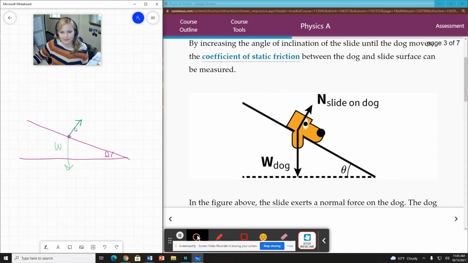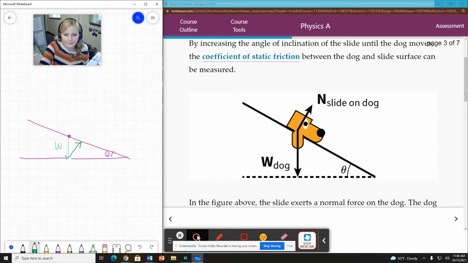I can take this and drag it down here, and we can see it as that y component of gravity. And then we have that component of the weight that's pulling the dog down the slide. That's what this is right there. Does that make sense? That's the component of the weight that is pulling the dog down the slide.